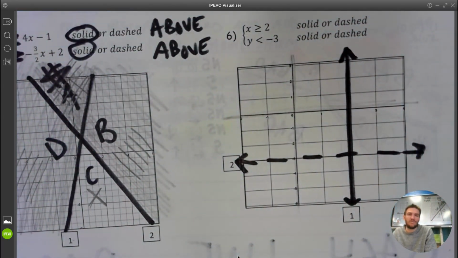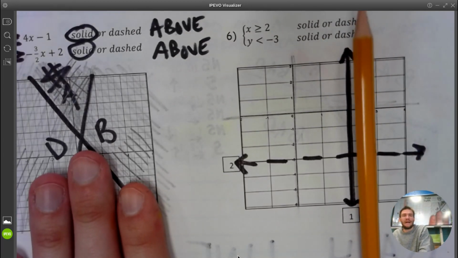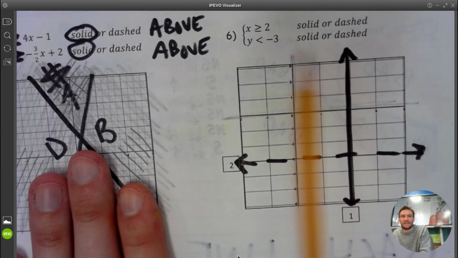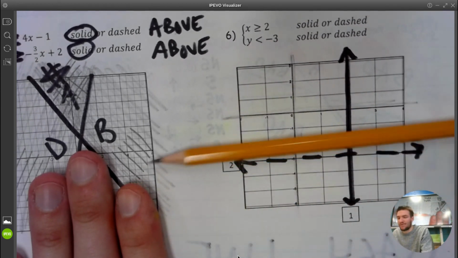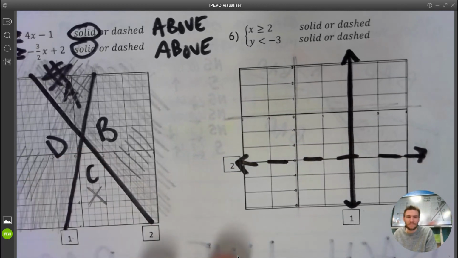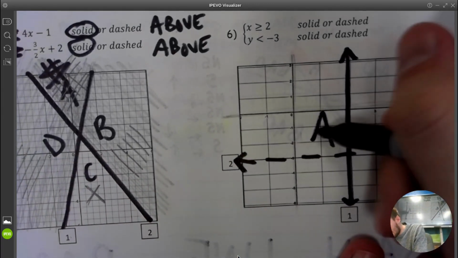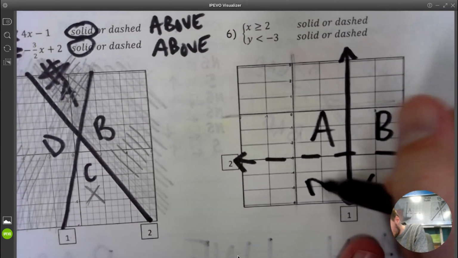When we're doing these questions, we only focus on our lines. We've got this vertical x graph. We have this horizontal, side to side, y graph. I'll go ahead and label it A, B, C, D.